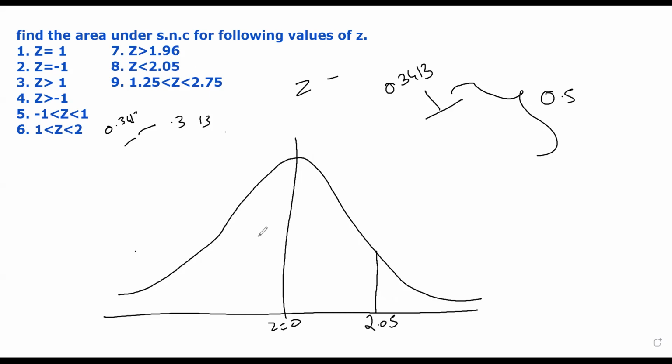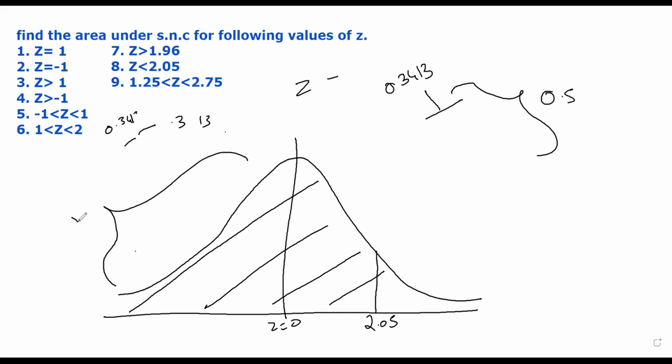I want the area less than. Whenever I'm talking about the less than area, I'm actually talking about the area on the left hand side of the value. So I want this area. This whole side is 0.5, and we only need to find this other area.